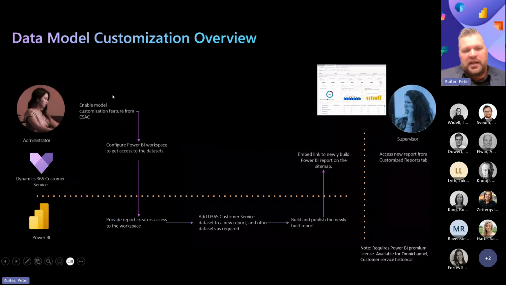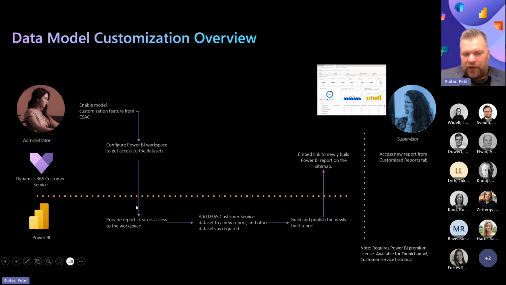As I said, we got an administrator. It needs to enable all of those features before you can do something. You can configure the workspace through Dynamics with a wizard. You have to provide people access to the workspace to actually read the report and write the report and work on the report.